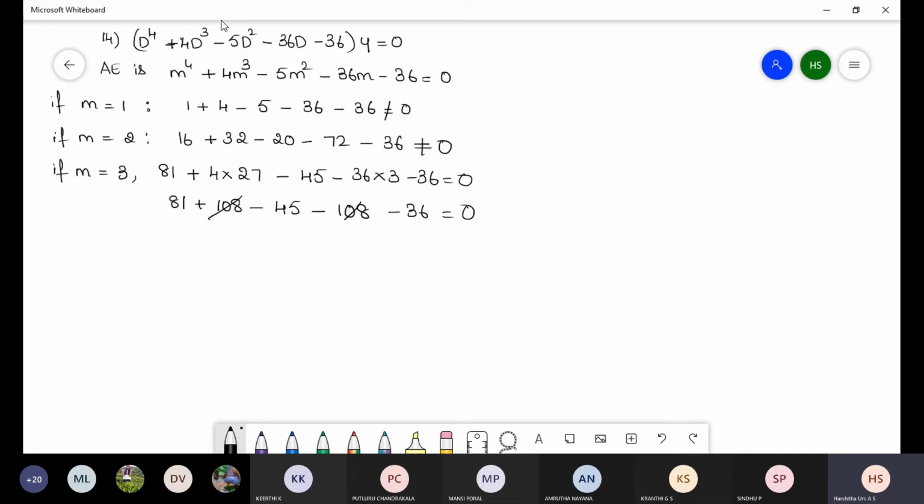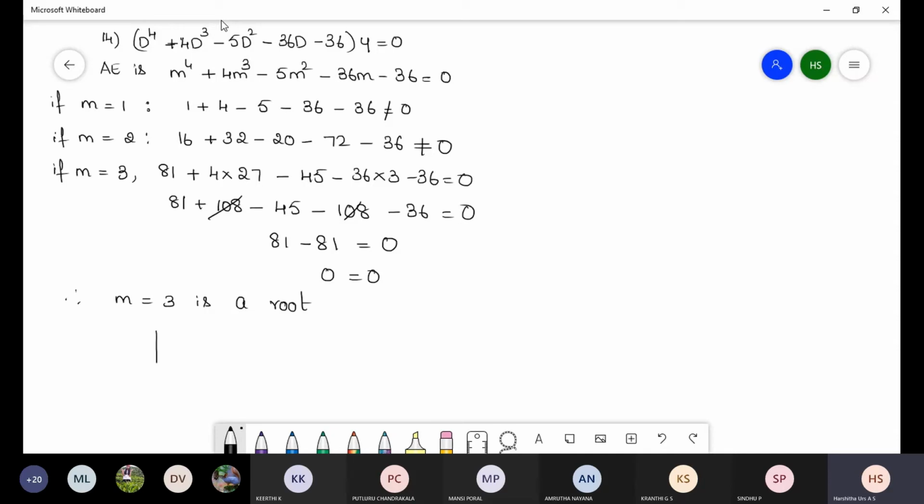So 108 will get cancelled. When you add 45 plus 36 we get 81, 81 minus 81 is equal to 0. So we got the value m is equal to 3. Therefore we can write m is equal to 3 is a root.